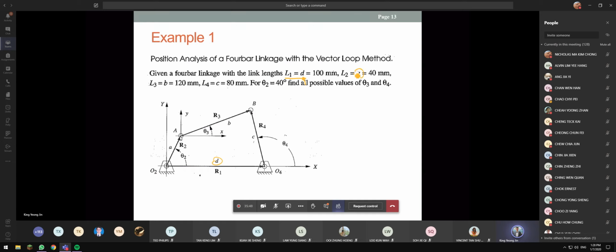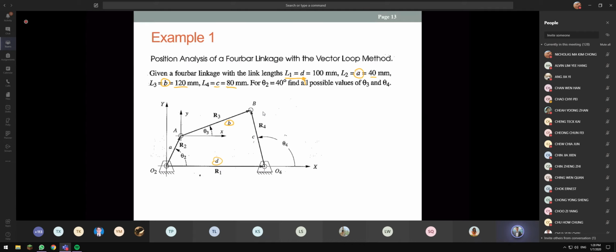L2 is A, 40 millimeters, and L3 is B over here, 120 millimeters. L4 is C, 80 millimeters, and theta 2 is 40 degrees. We try to find all the possible values for theta 3 and theta 4.